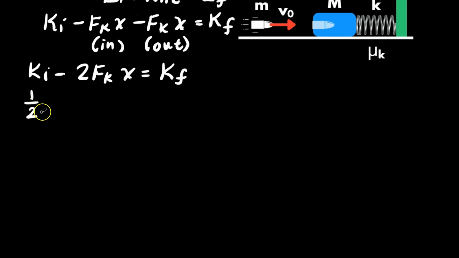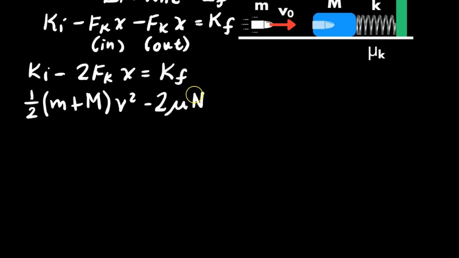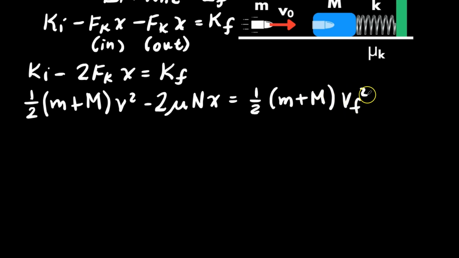By substituting the given variables into this equation, we get 1/2 times the mass of the bullet plus the mass of the block times v squared, minus 2 times mu times the normal force times the displacement, is equal to 1/2 times the mass of the bullet plus the mass of the block times vf squared.